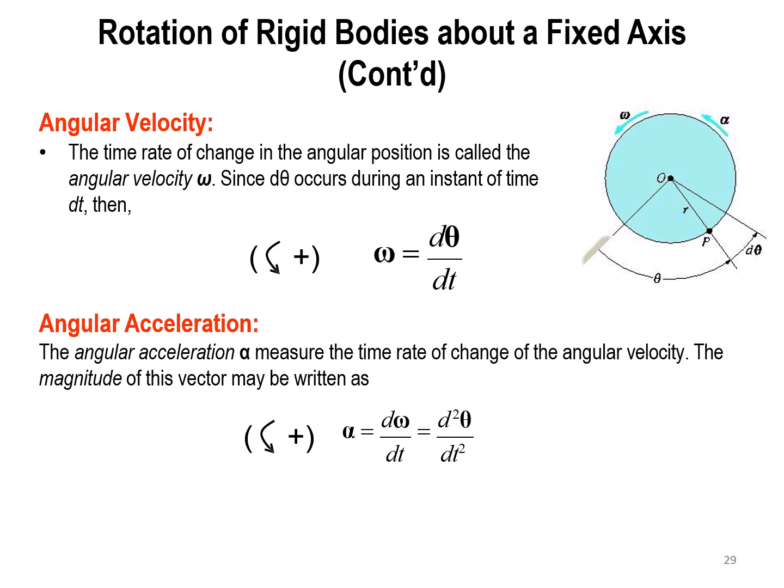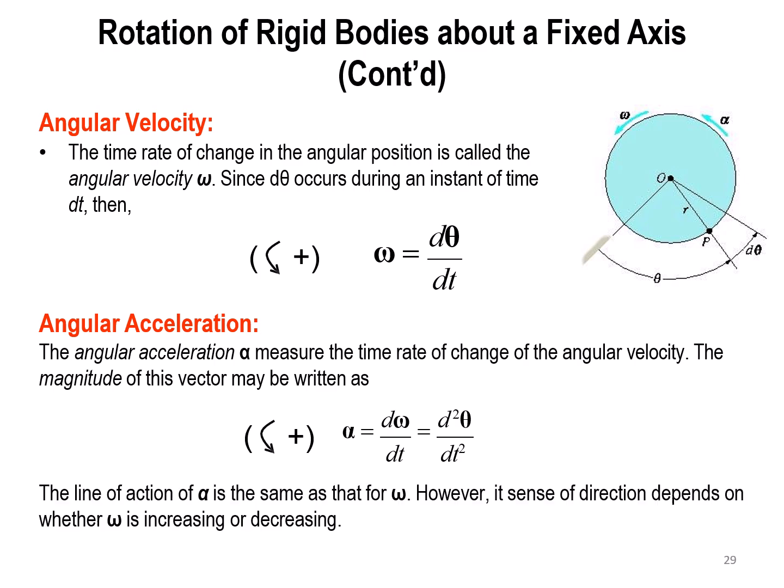Its magnitude may be written as alpha equals d omega over dt, or d squared theta over dt squared. The line of action of alpha is the same as that for omega.